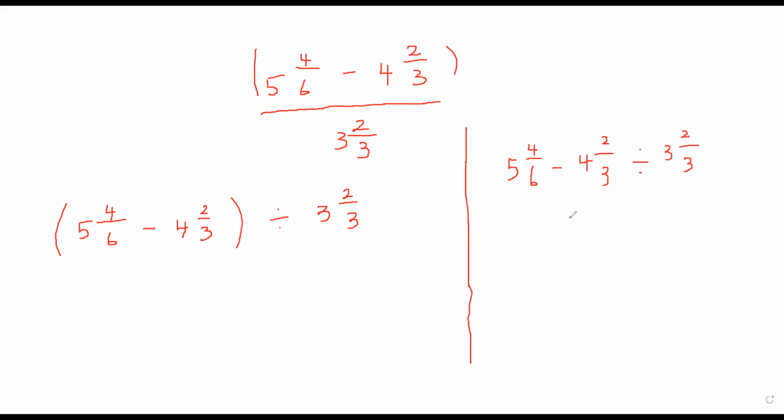This is incorrect, because you would end up working the division part first, applying BODMAS. The fraction bar at the top is telling me you have to work the top first, and then divide the answer you get by the bottom. So this way would be incorrect.